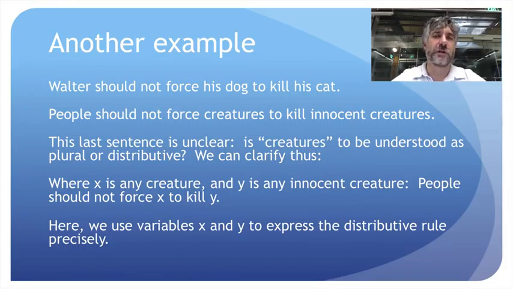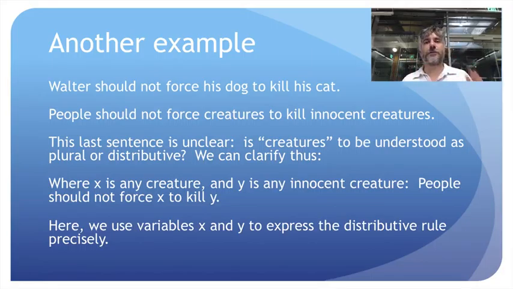On the plural understanding, what I'm saying is that people should not force a whole bunch of creatures to kill a bunch of innocent creatures. On the distributive interpretation, I'm saying that for any creature that you pick, people should not force that creature to kill an innocent creature.